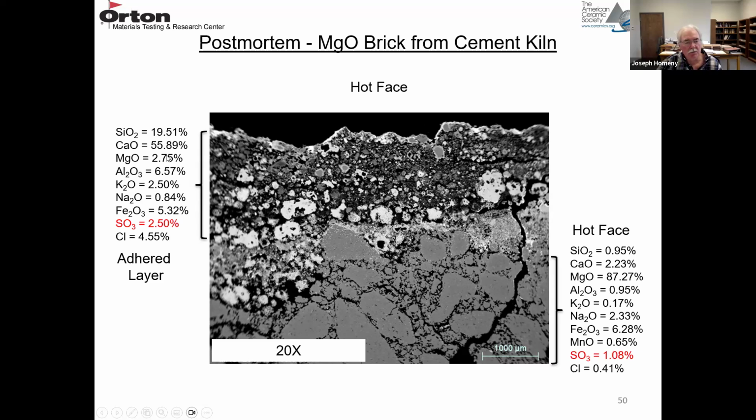You have some of the MgO from the refractory in that also. The alumina is from the clay that's part of the charge. And there's also some SO3 picked up, about 0.25%. And I think the chlorine that shows up is most likely from the resin that was used in the mounting of these slides.